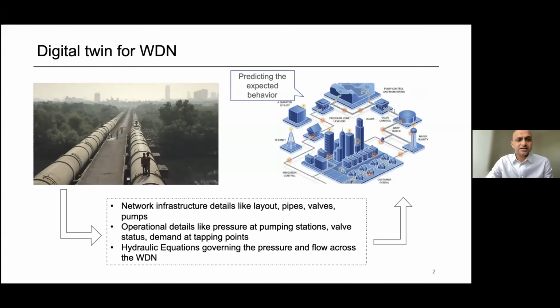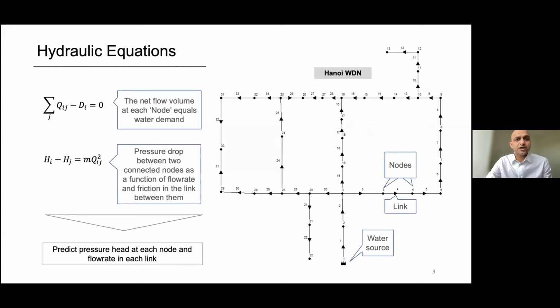And then the way these models would work is that given this information about the network, they will use the empirical relationships. Just for explanation's sake, I've mentioned this in a very simple form.